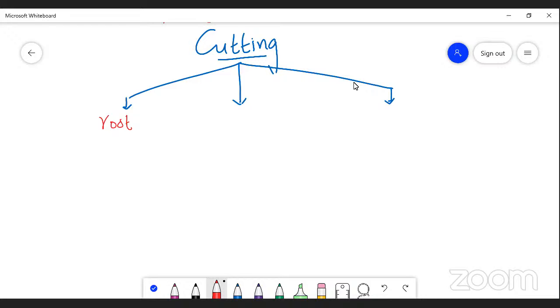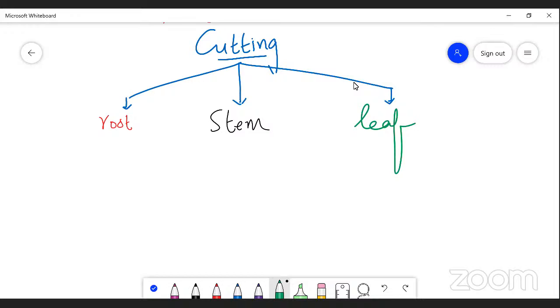That is called cutting. Now it is broadly divided into three: root cutting, stem cutting, and leaf cutting. What is the difference between root cutting, stem cutting and leaf cutting?